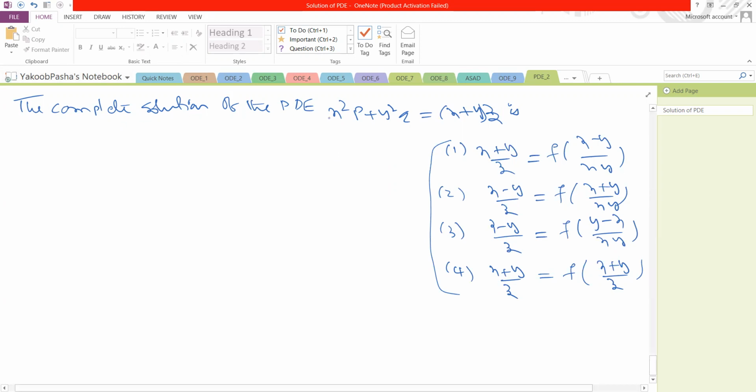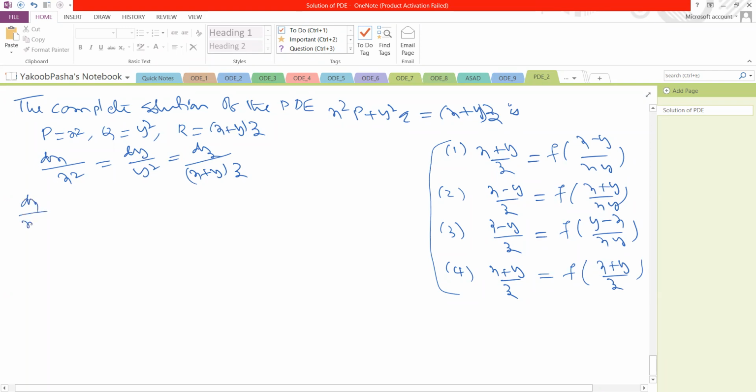First I am writing the p value, that is x square, q value y square, r is equal to x plus y into z. The corresponding auxiliary equations: dx by x square is equal to dy by y square is equal to dz by x plus y into z. So first I consider these two equations.